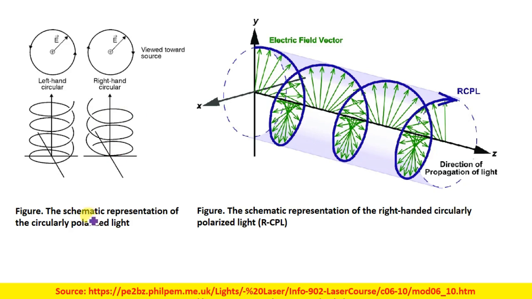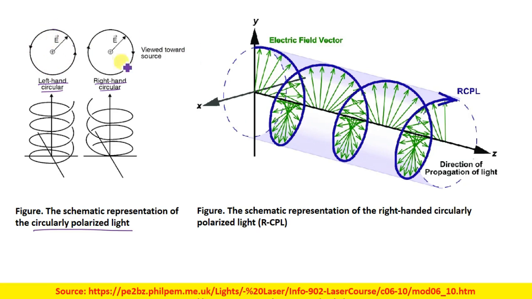Now the circularly polarized light is categorized into two categories: left-handed circularly polarized light and right-handed circularly polarized light. If you see from the top or from the direction of the propagation, you will find the light is moving in the anti-clockwise direction.